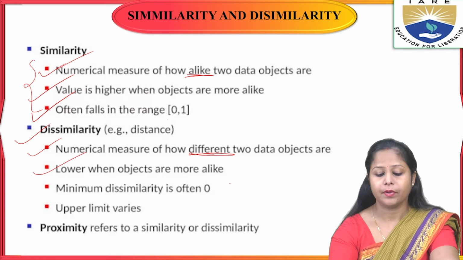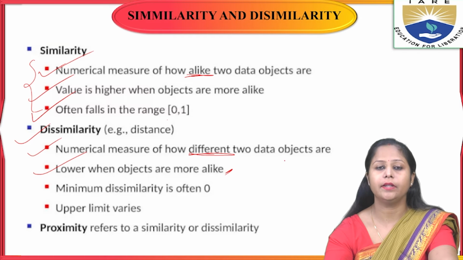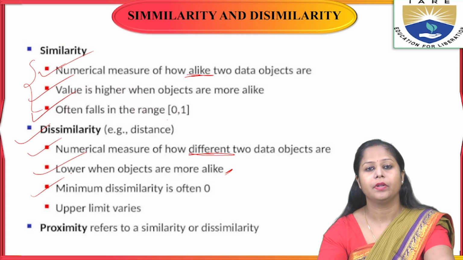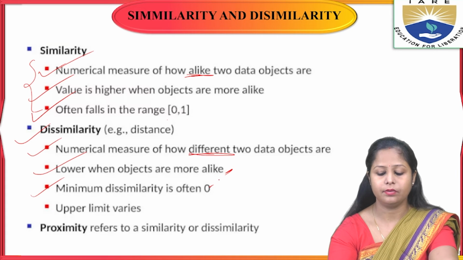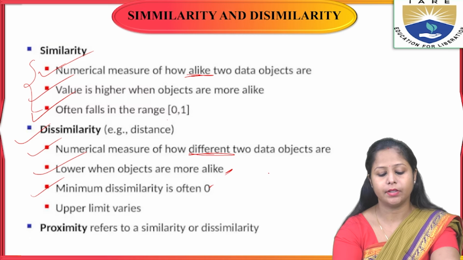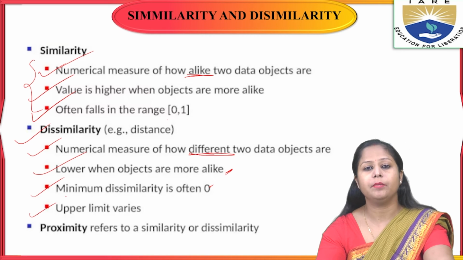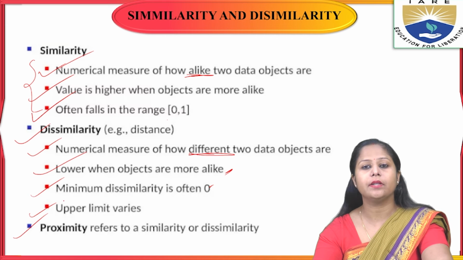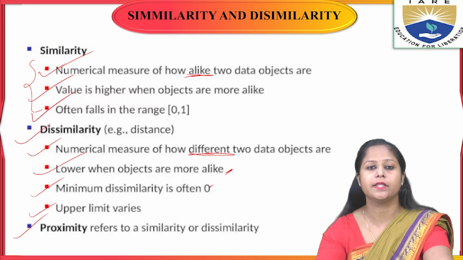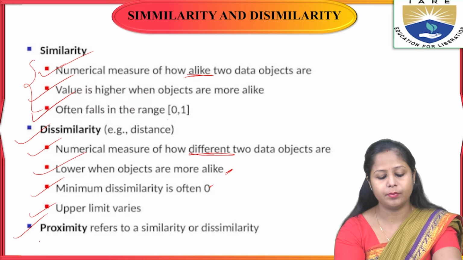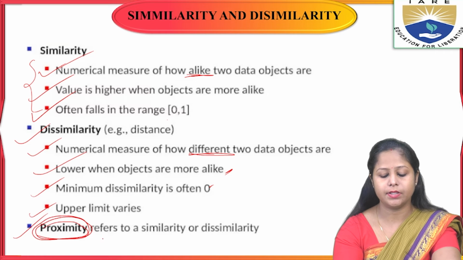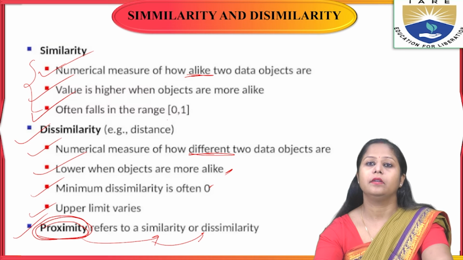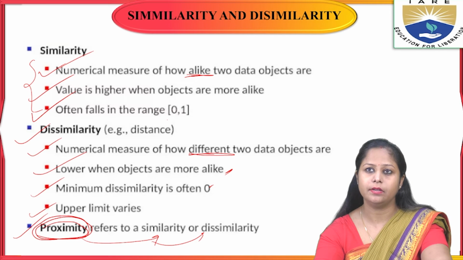The minimum dissimilarity is often 0, while the upper limit varies depending on the data objects. Proximity refers to either similarity or dissimilarity. So that was the similarity and dissimilarity of data objects.